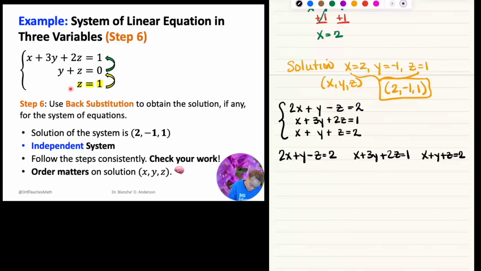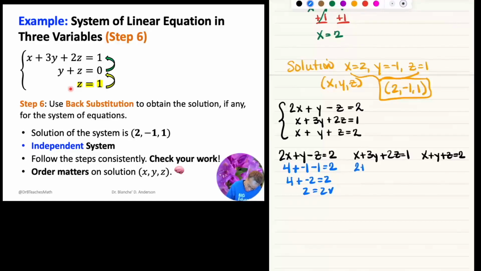Okay, so 2 times 2. 2 times 2 is 4. Plus y is -1. Minus 1 equals 2. 4 plus -2 equals 2. 2 equals 2. Cool beans. Now let's do this one. X is 2.